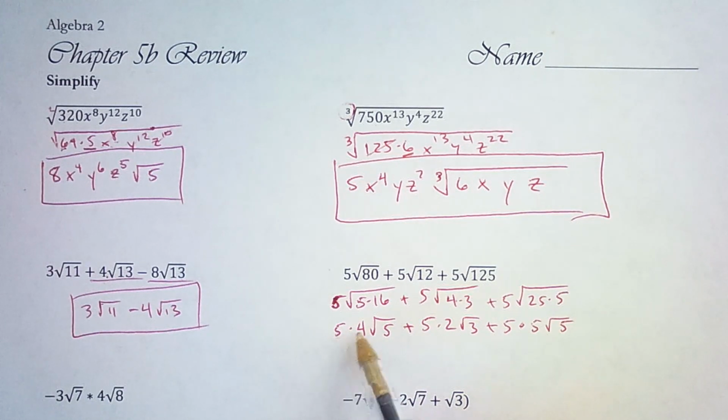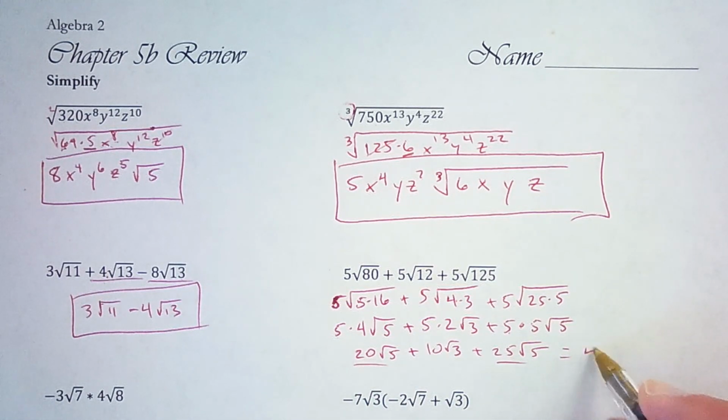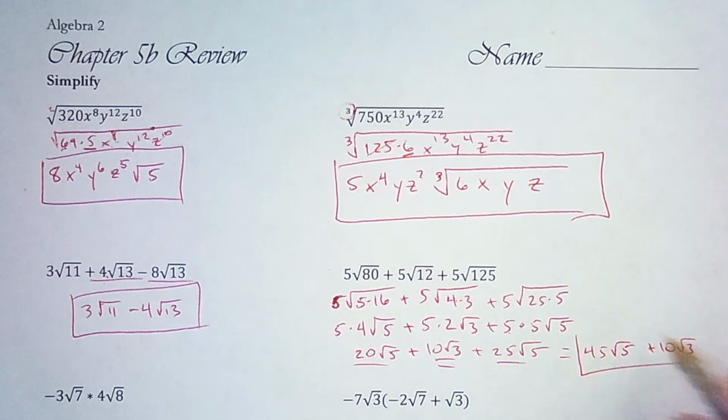Now I can multiply. 5 times 4 is 20. 20 times the square root of 5 plus 10 times the square root of 3 plus 25 times the square root of 5. And I can combine some like terms. When I combine these, I get 45 times the square root of 5. And then this is left over plus 10 times the square root of 3.